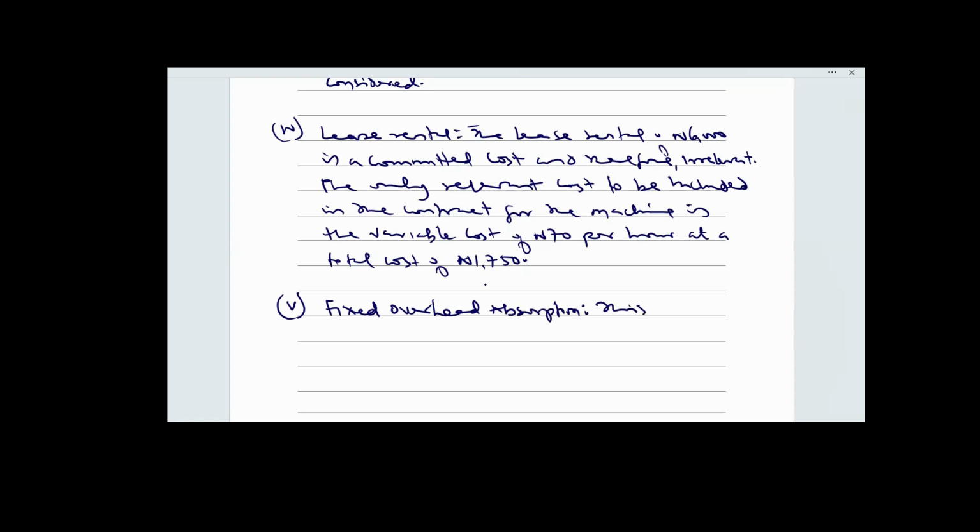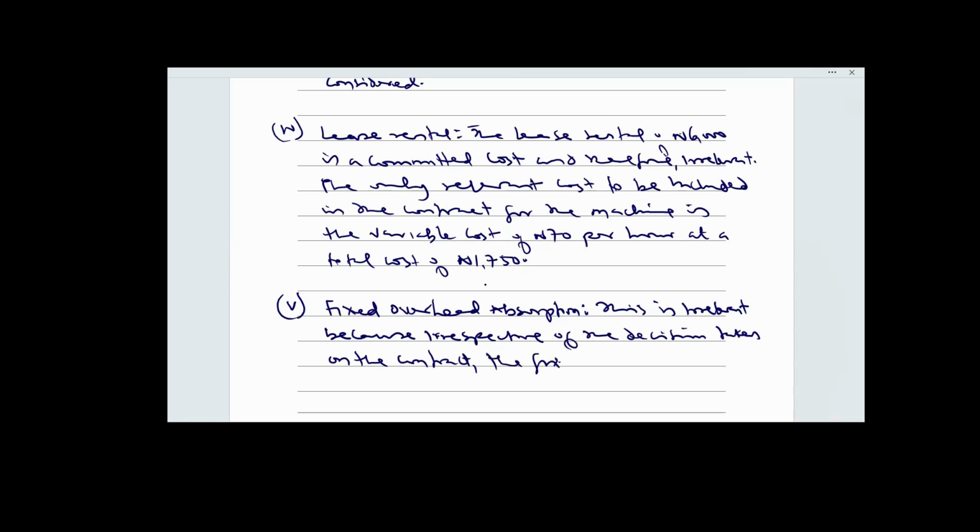This is irrelevant because it is not a cash flow, or irrespective of the decision taken on the contract, the fixed overhead will be incurred.